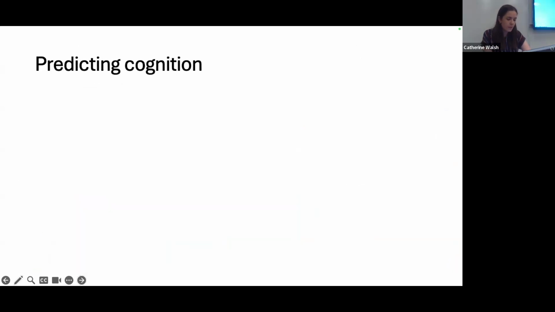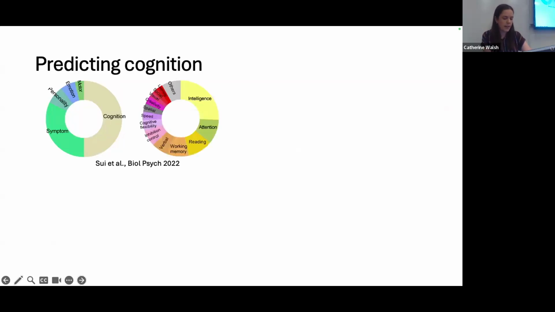So I gave you an example of this visual working memory task and predicting cognition there, but that's not all that can be studied with this kind of framework. So for instance, one relatively recent review study looked across the literature and found about 50% of brain behavior correlations looked at cognition in general, which they then classified into a more nuanced division. So some looked at things like intelligence, attention, but this really goes across any number of different kinds of varying degrees of cognition.